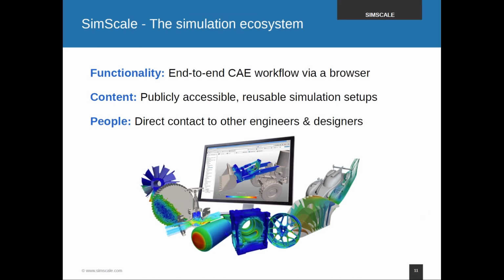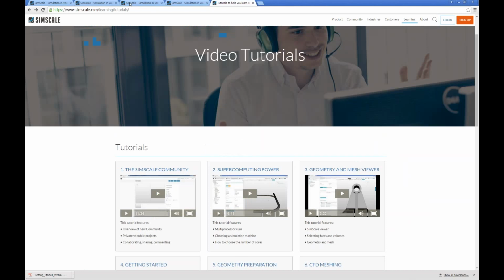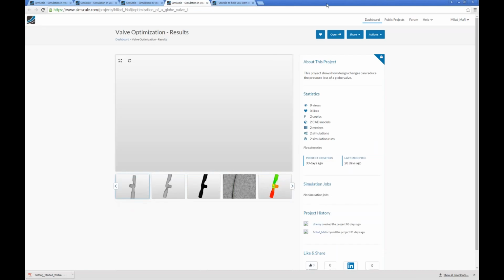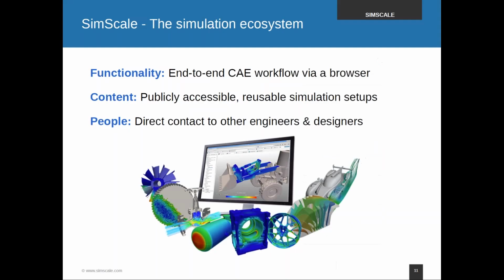Okay, and last thing before we start with the actual demonstration: what is SimScale right now? As I mentioned, SimScale is more than just an end-to-end CAE platform in your web browser. It's a simulation ecosystem. What do I mean with that? With SimScale, as I already showed you, you have access to a full 3D CAE simulation environment through your web browser without installation, software updates, or license cost. But on the other hand, it's more than that.